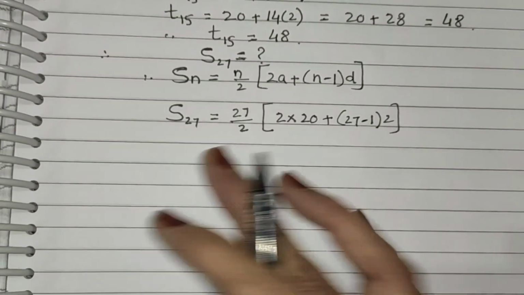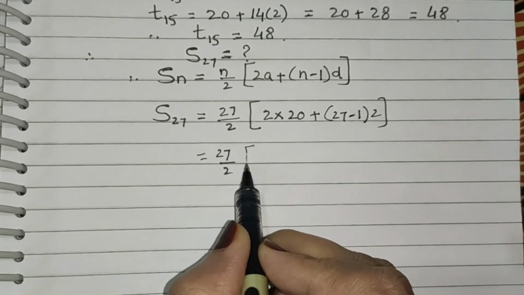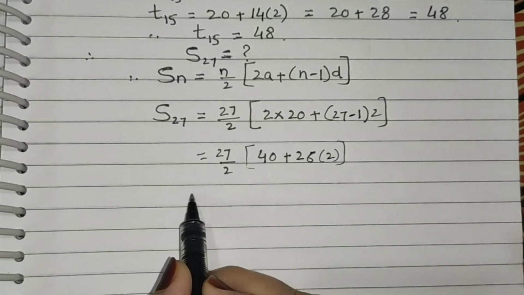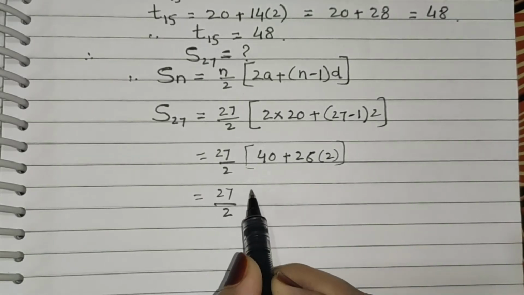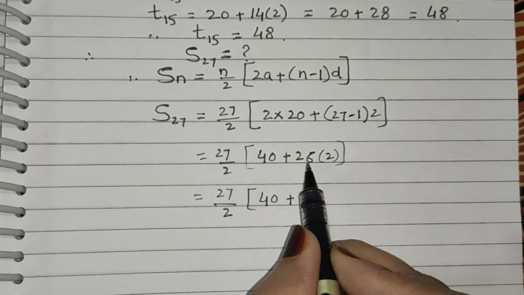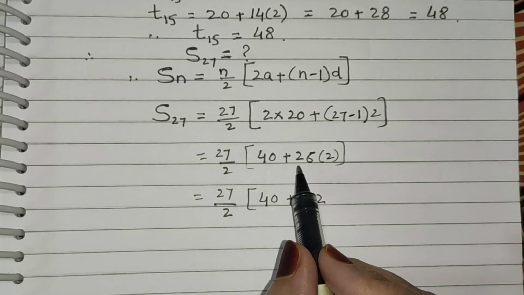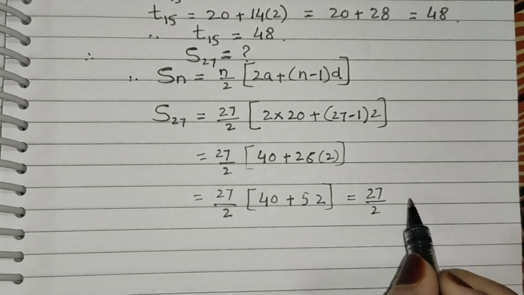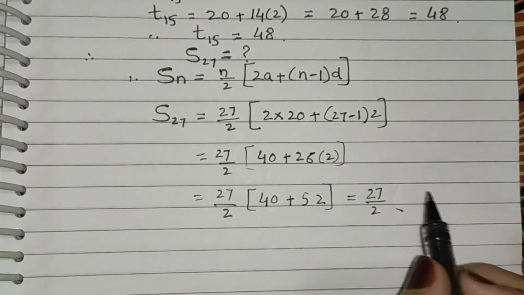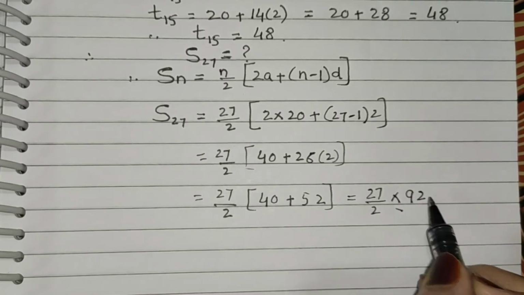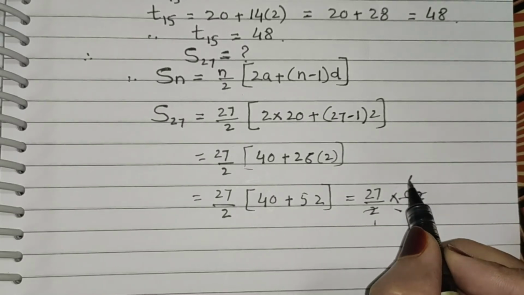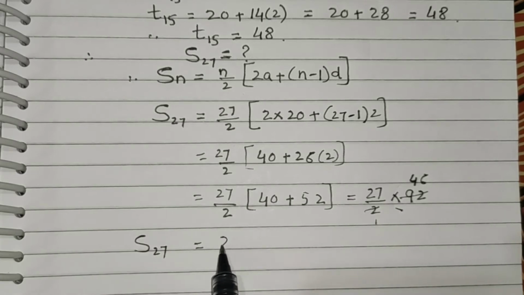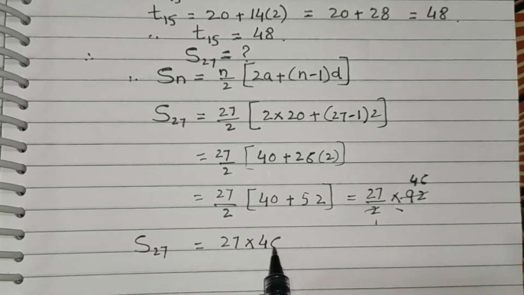Therefore, solve it. 27 upon 2, 40 plus 26 into 2. 27 upon 2, 40 plus 52. We get here 92. Cancel. 2 4s are 8 and 2 6s are 12. Now we get value of S27 is equal to 27 into 46.